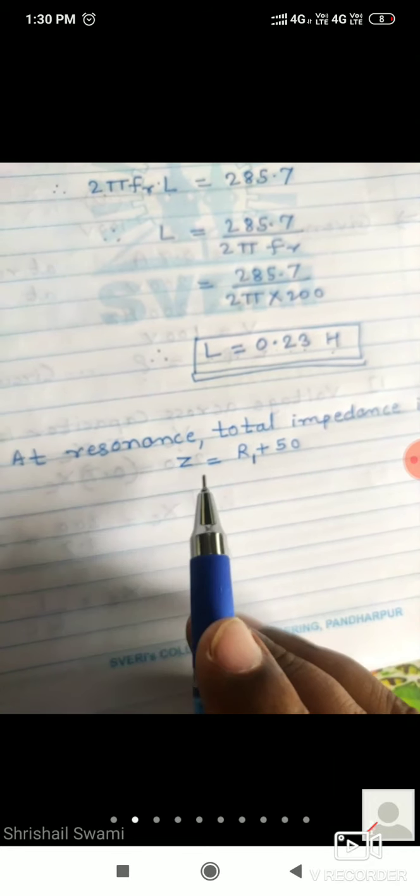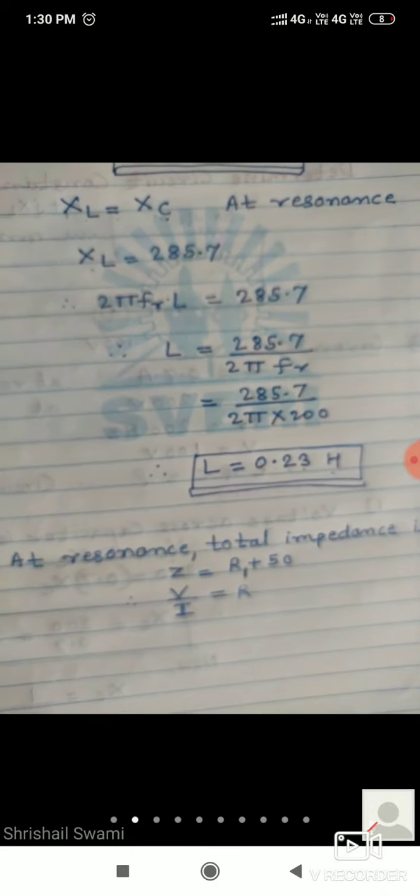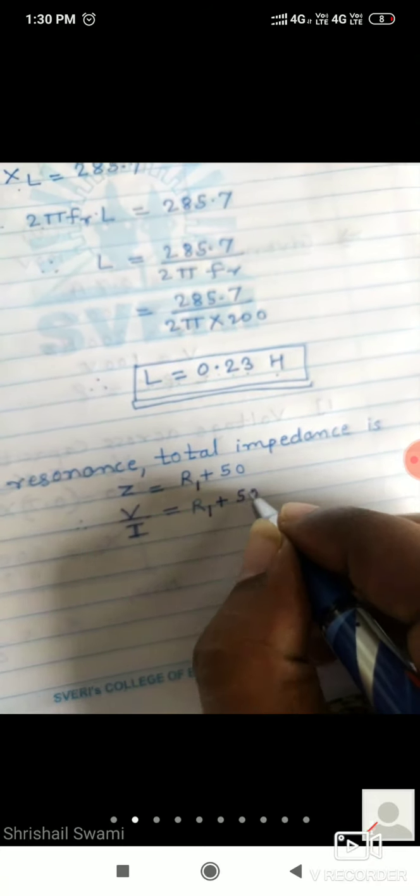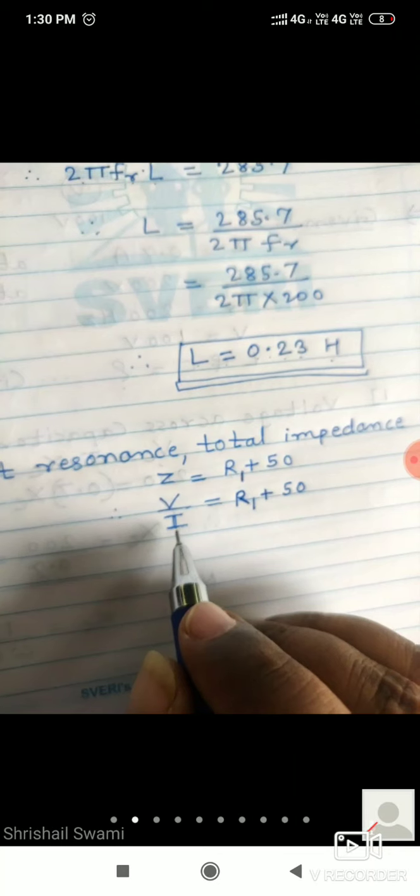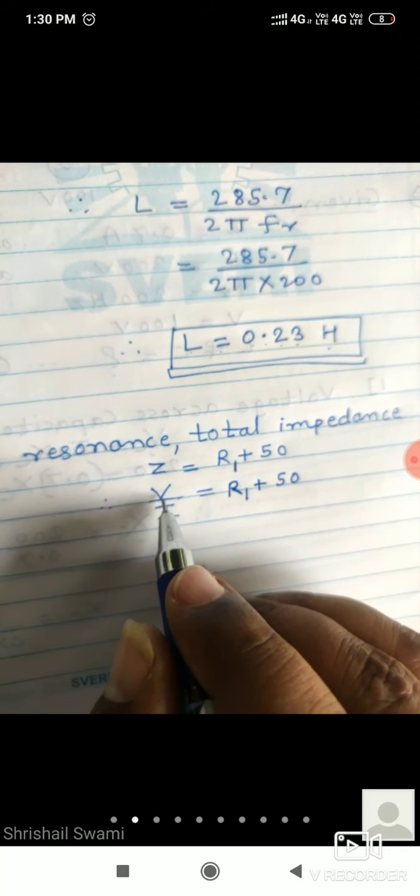So what is the value of Z? How to find out? That is V divided by I. Z is nothing but V divided by I at resonant frequency. बरोबर आहे? So Z is equal to R1 plus 50. So what is the value of V? V काय? V is the input.